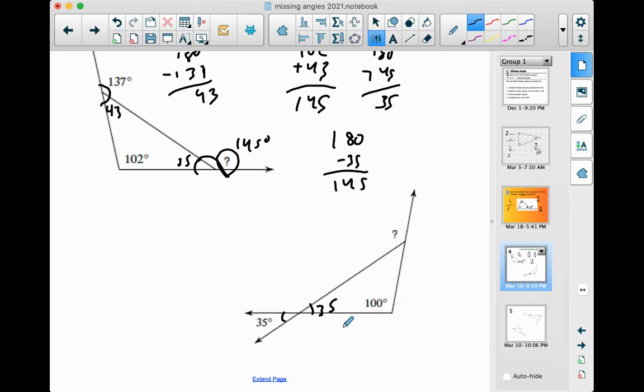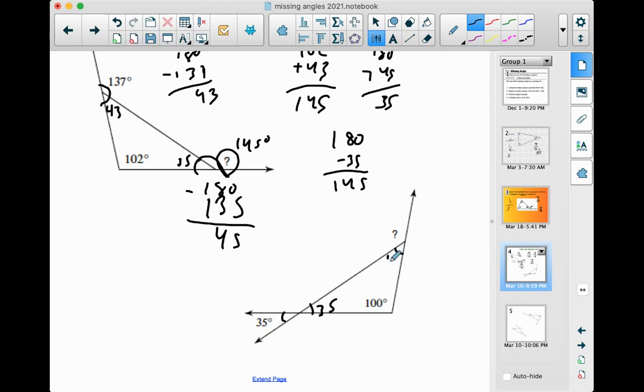Okay. All right, so once I know that, that gives me 2 out of the 3 of this triangle. So that lets me figure out this angle. And so if I add those together, 100 plus 35 is 135. Subtract that from 180, gives me 45.